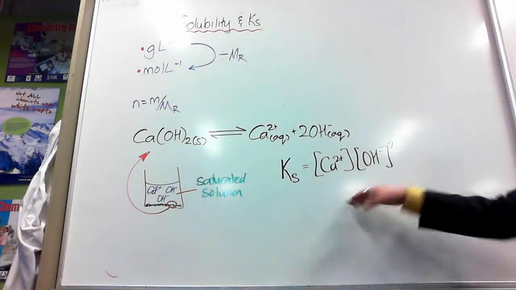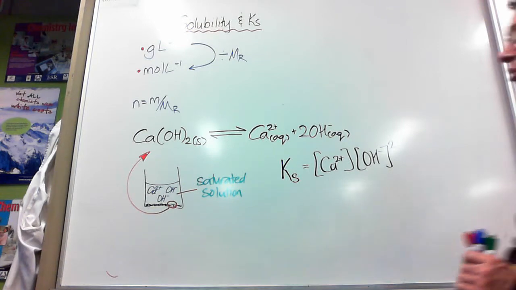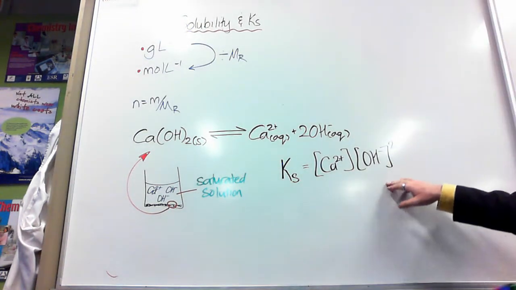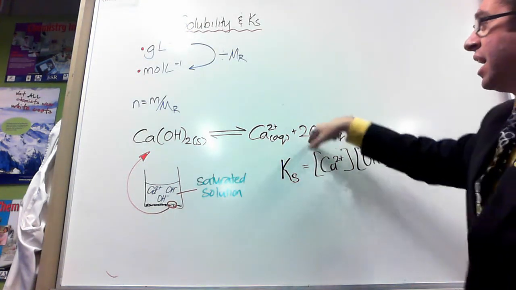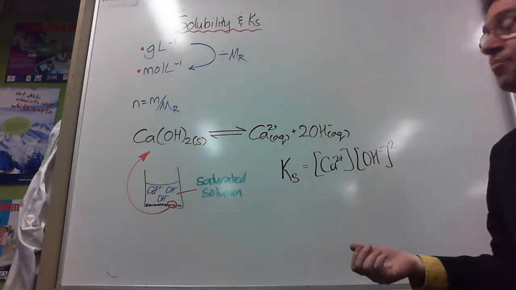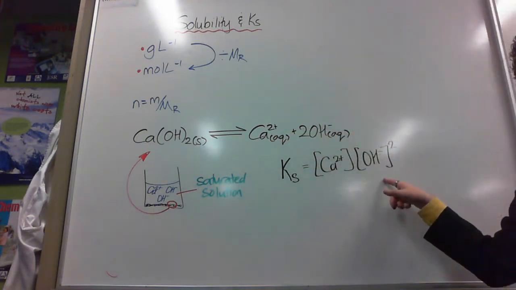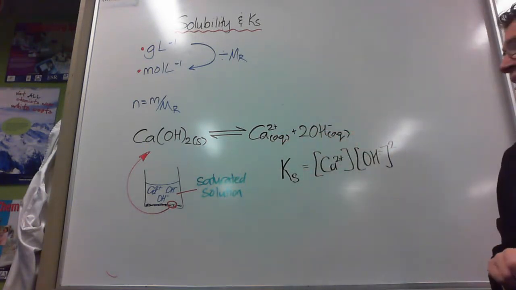So to work out what the Ks value of calcium hydroxide is, I need to know some information. I could look at the concentration of the hydroxide ions, and then using this balanced equation, that would give me the concentration of my calcium ions. So I could do that using pH. And from that, I could just plug those numbers in here, and it will give me the Ks value.